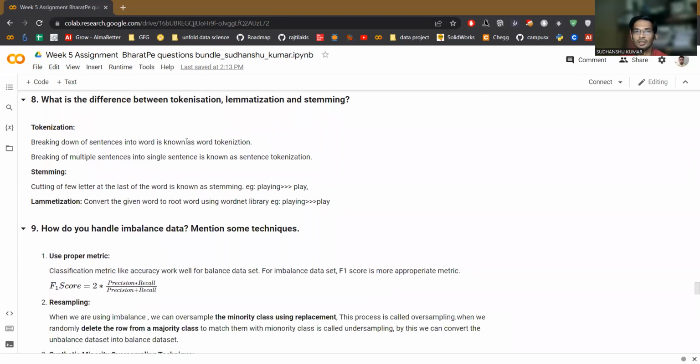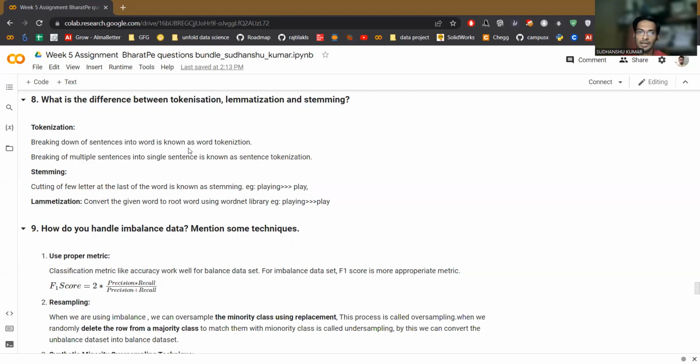Stemming, cutting a few letters off the end of the word, is known as stemming, like playing becomes play, and played becomes play. Lemmatization is basically used to convert to the root word using the wordnet library, like playing becomes play, etc. Read becomes read.